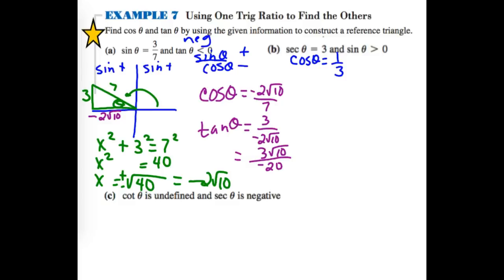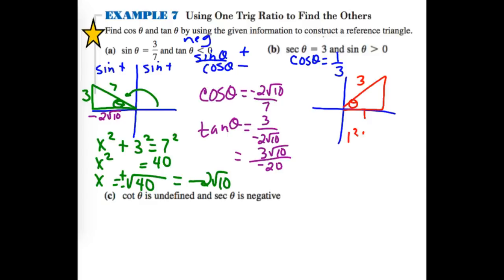All right, so let's draw our triangle. We're in quadrant 1. Okay. We can label 2 of our sides. We know cosine is x over r. So x is 1, r is 3. Can we find our missing side?